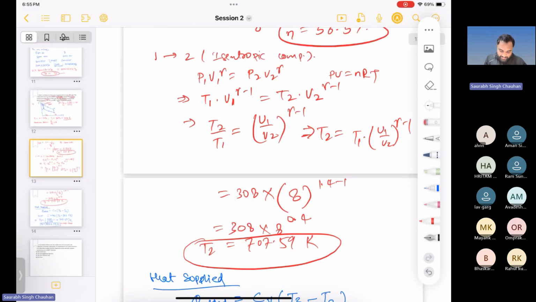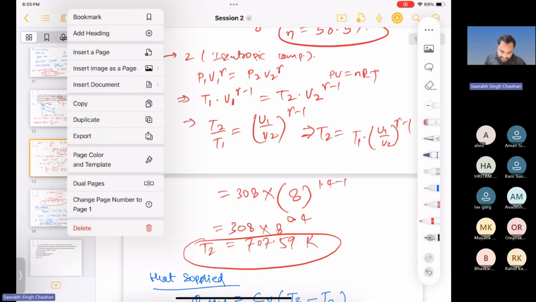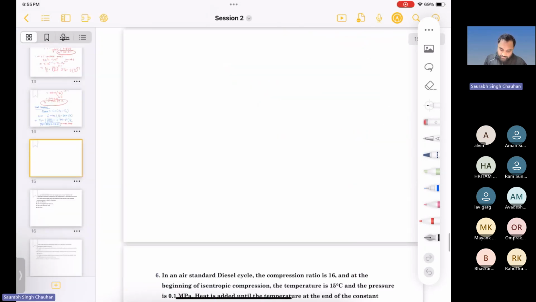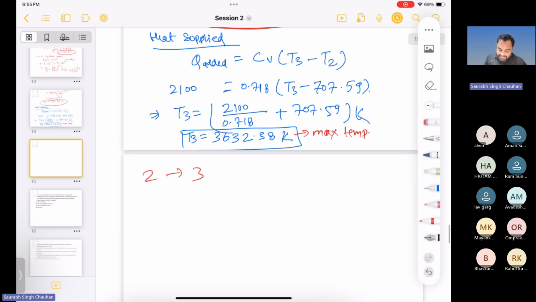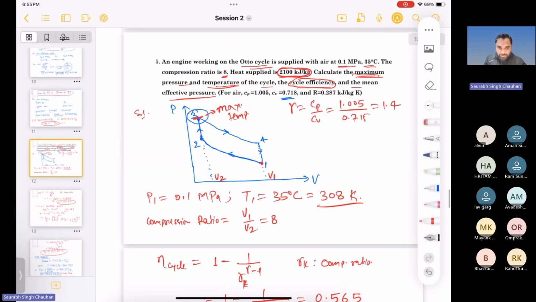And how do we calculate it using T3? 2 to 3, which type of process is this? This is a constant volume process, not an isobaric process, right?